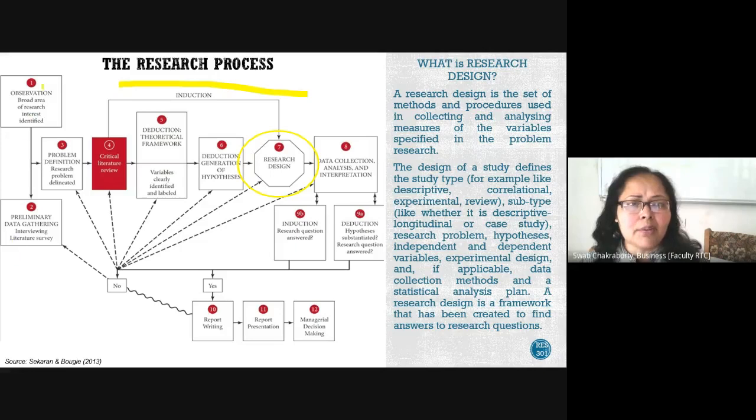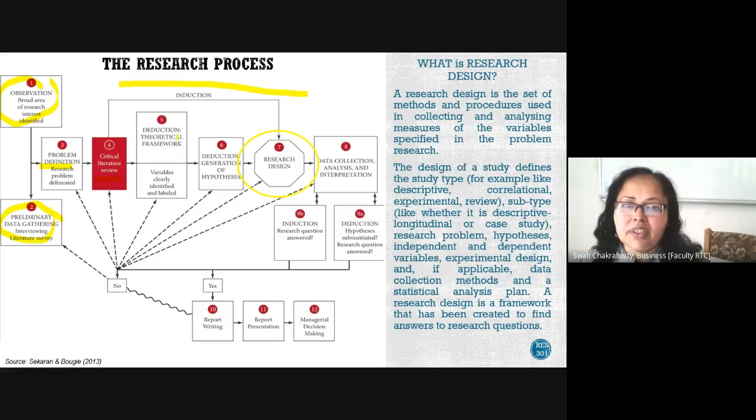Now, the first thing that comes up is your observation on the broad area of research, which you need to identify. From there you need to do a literature survey to identify the main problem, right? And then you study more on it. That's the critical literature review.